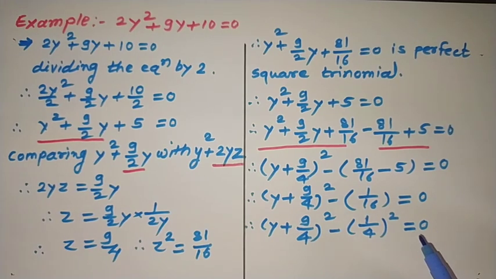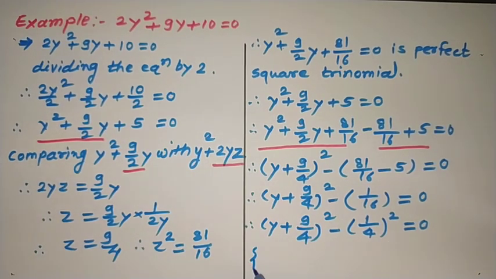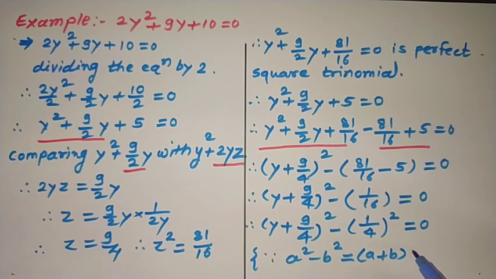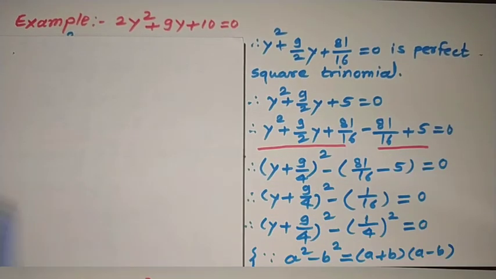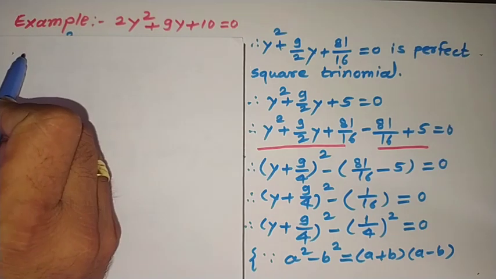These two brackets are the difference of two squares. Using the expansion formula a square minus b square, the first bracket is the addition of two numbers and the second is the subtraction of two. Therefore write down this expansion in two brackets.